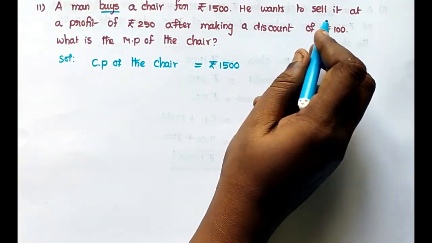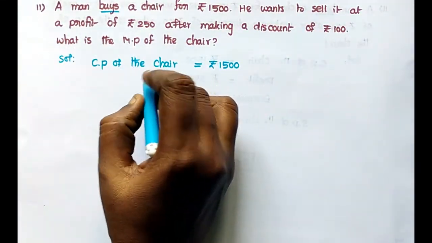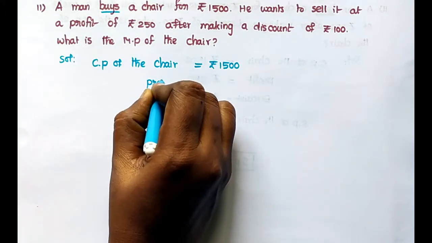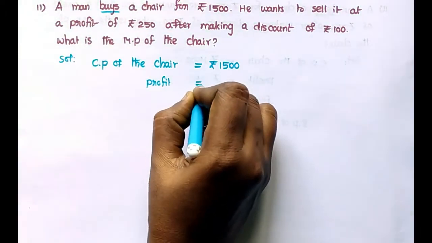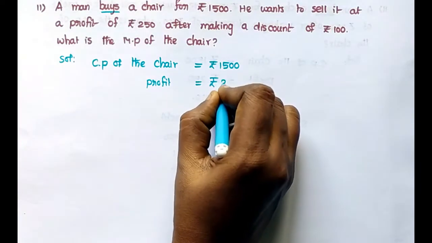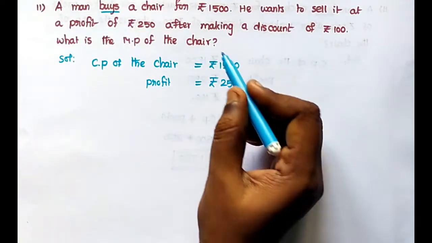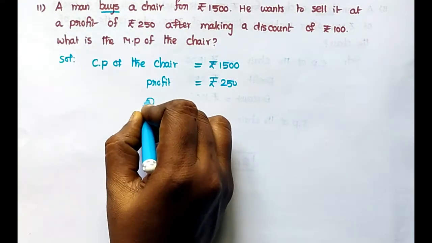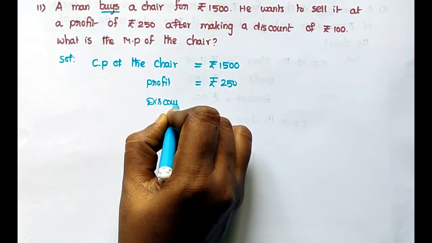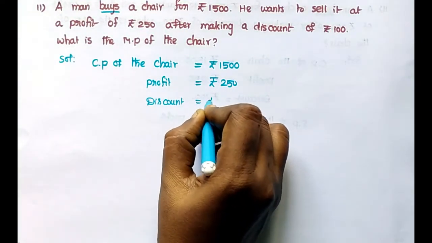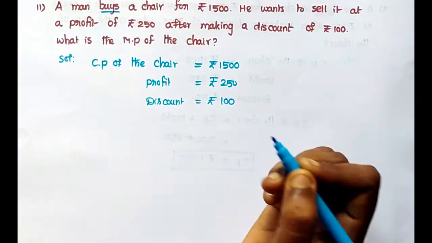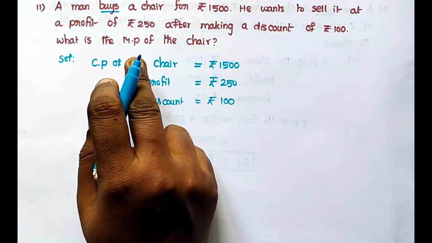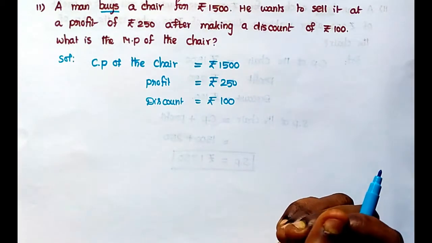He makes a profit equal to rupees 250, and after making a discount of rupees 100, so discount 100.